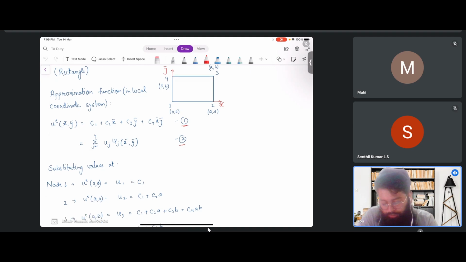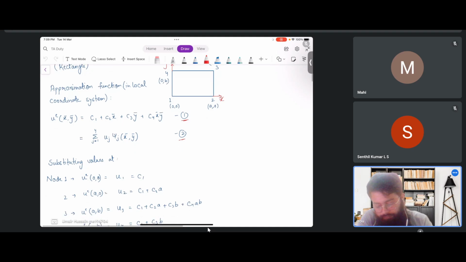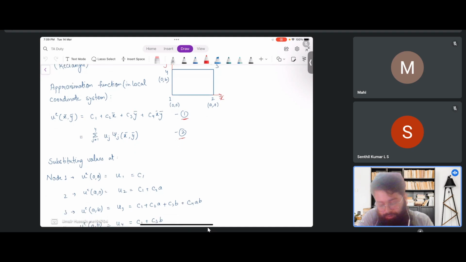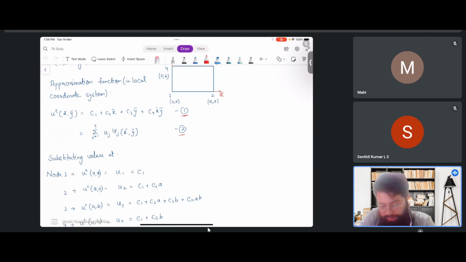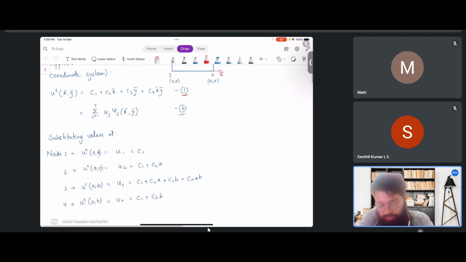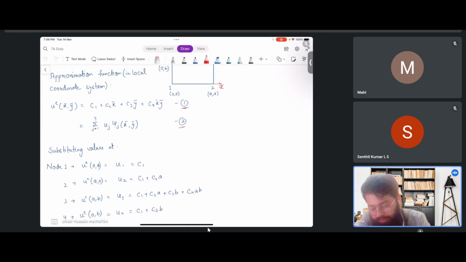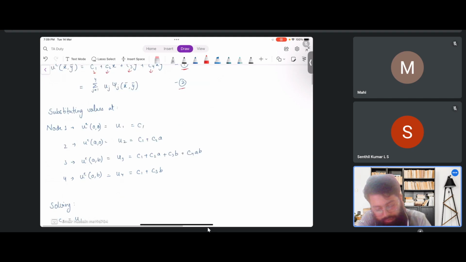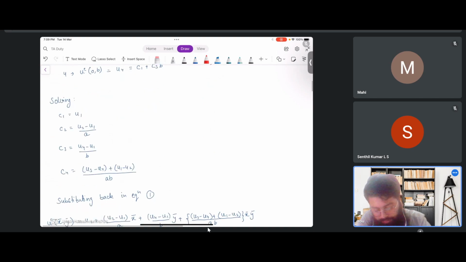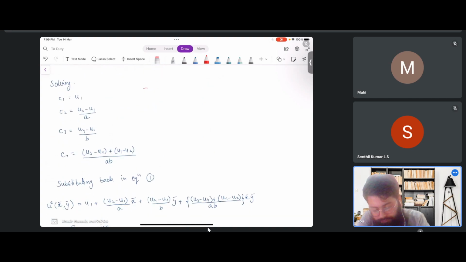In order to find the interpolation functions, we substitute the values into these equations for each node. What we need to find is the values of these constants C1, C2, C3, C4 in terms of u. So we get the following equations, and if we solve them, we get the following results for the four constants.